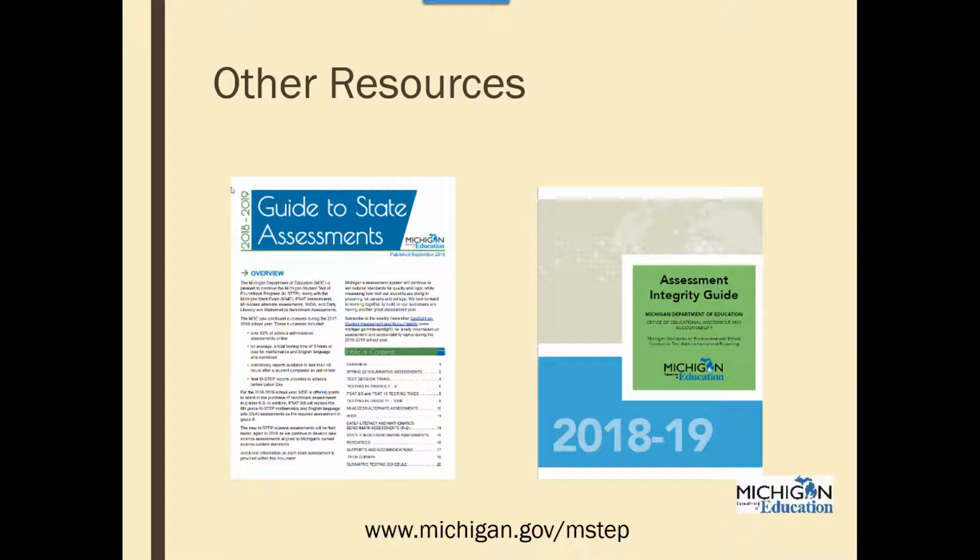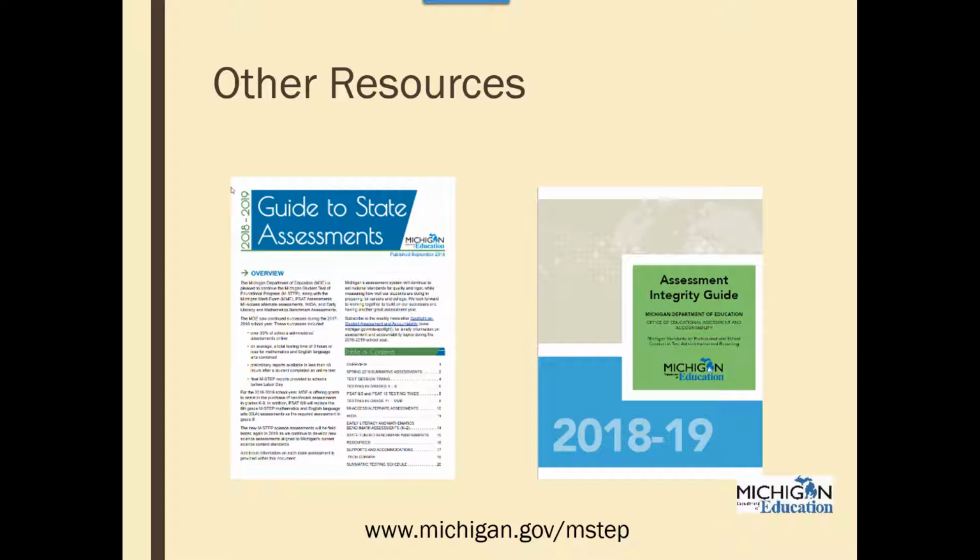The Assessment Integrity Guide has been updated for the Spring 2019 administration and should be reviewed for the updated testing policies. For example, the seating chart requirement has been replaced by a testing schedule requirement. I will discuss this in the presentation, but the detailed policy is available in the AIG.